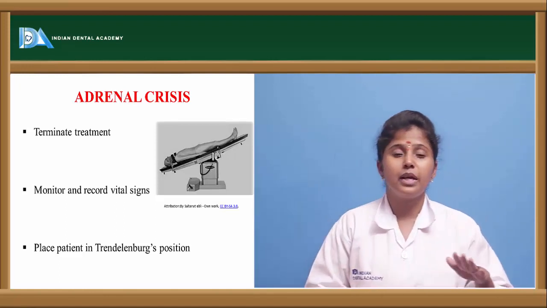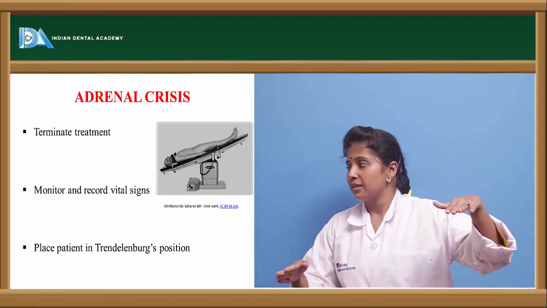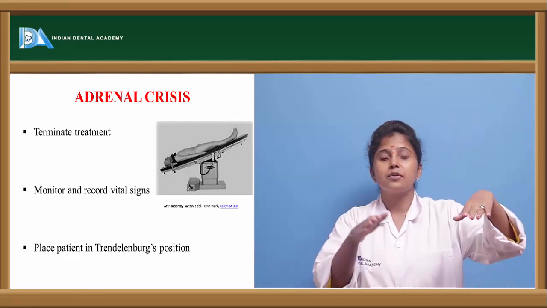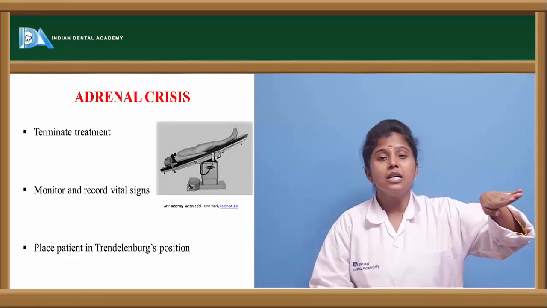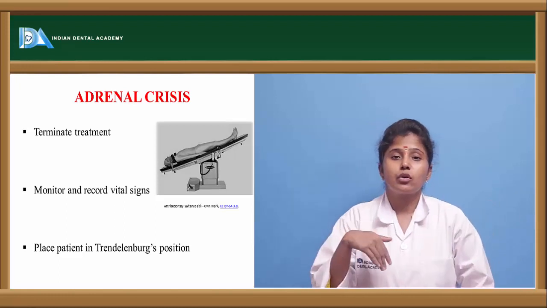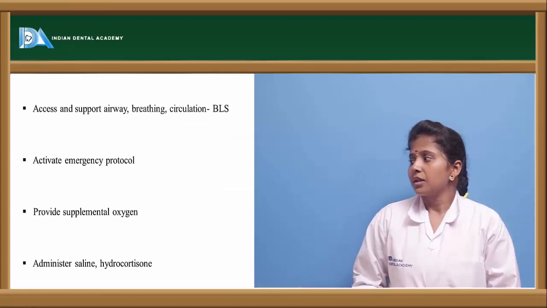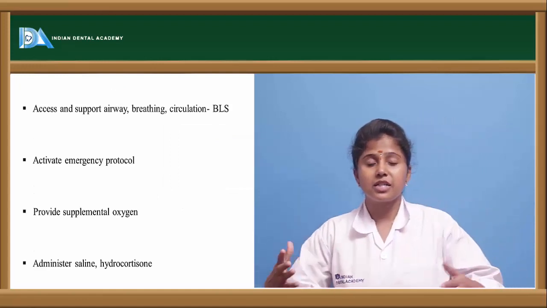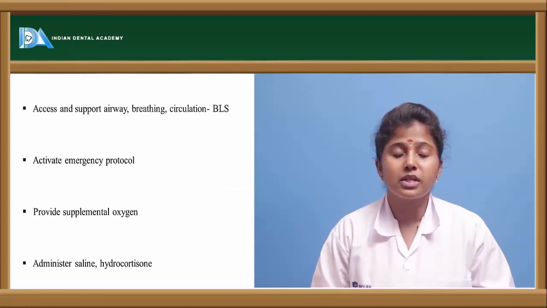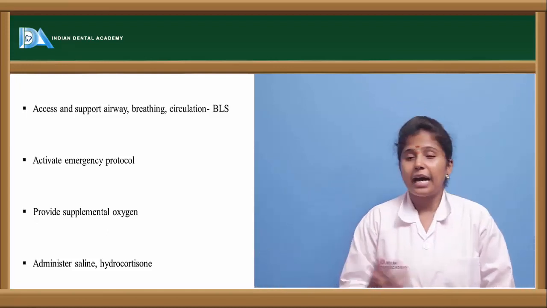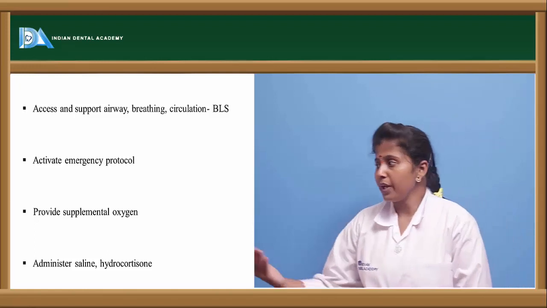and thereby the person should be placed in Trendelenburg's position. That is, the person should be placed inclined in a slanted position in order to prevent the risk of this adrenal crisis. The person should have a proper airway. Proper ventilation should be given to the person in order for him to breathe properly, and thereby the emergency protocol should be followed.